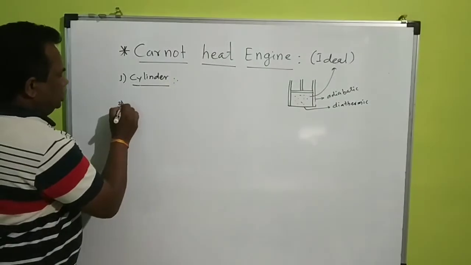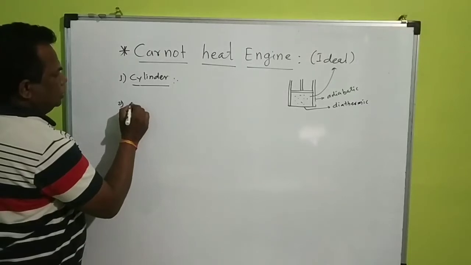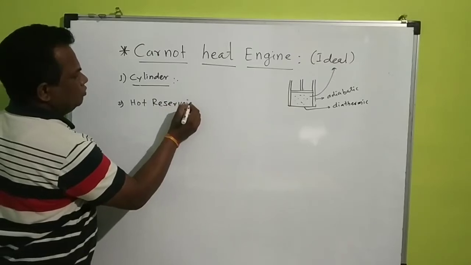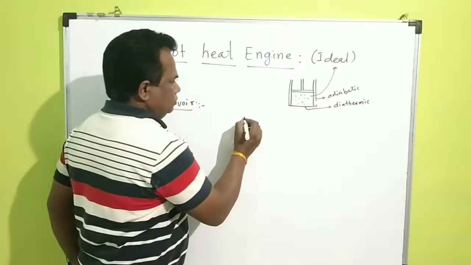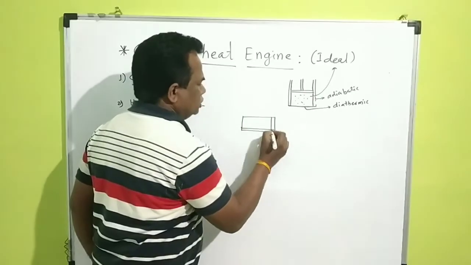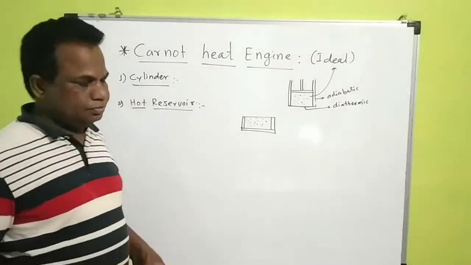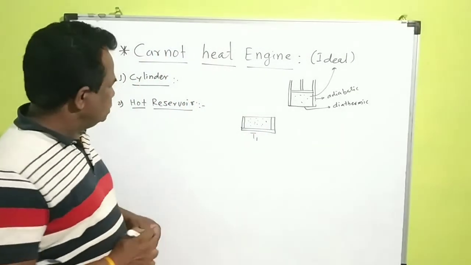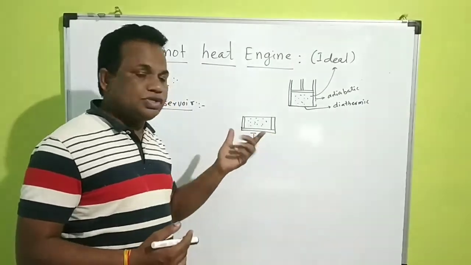The second part of the heat engine is the higher temperature reservoir, hot reservoir. It is a material where this is a hot reservoir, you may say. This is hot reservoir containing the large amount of heat at higher temperature T. It behaves like seawater.